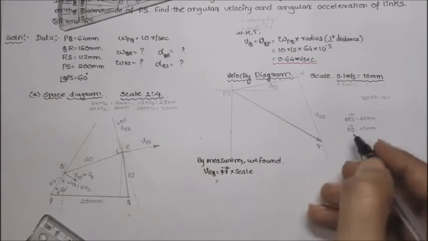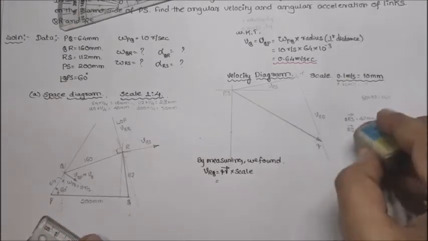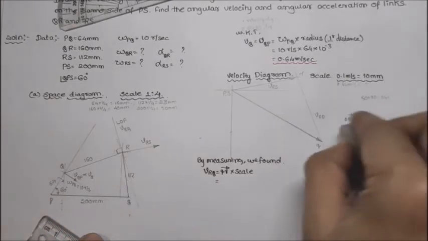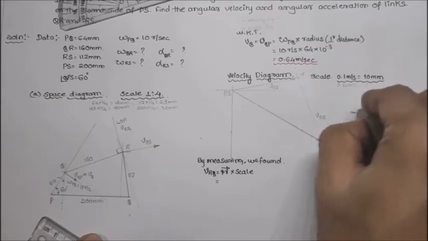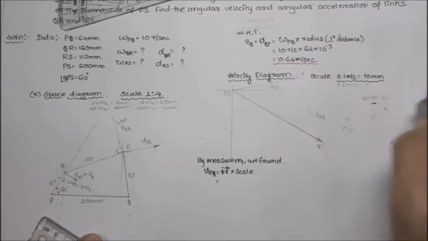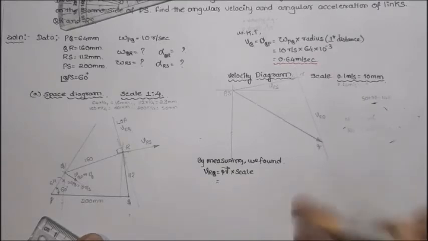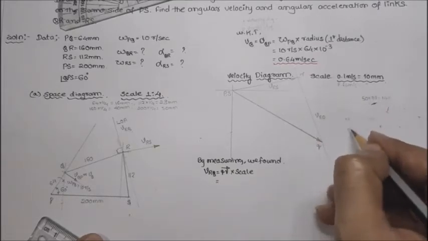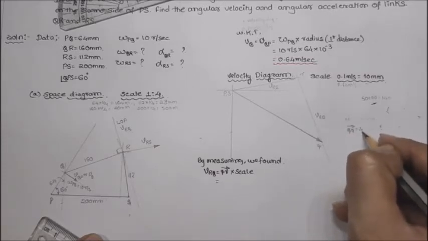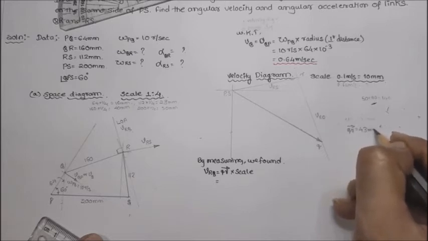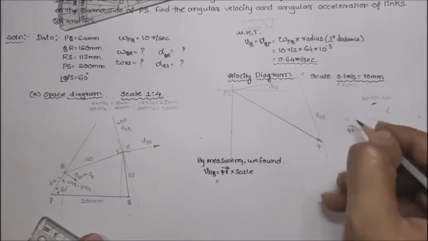So vector qr, sorry, this you can rewrite as qr vector, that is 43 mm.